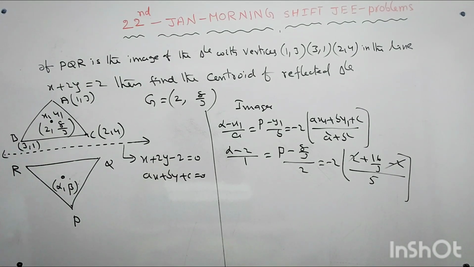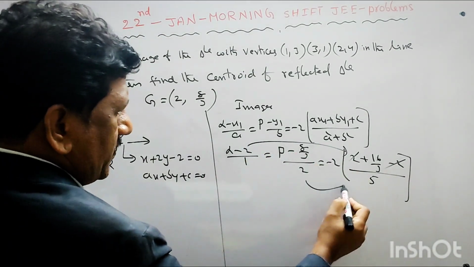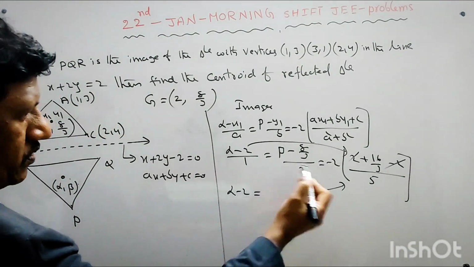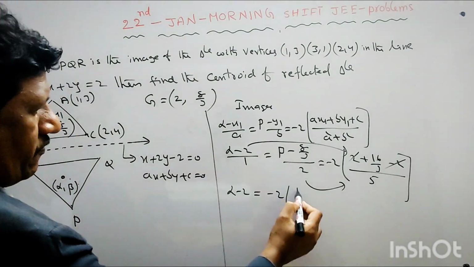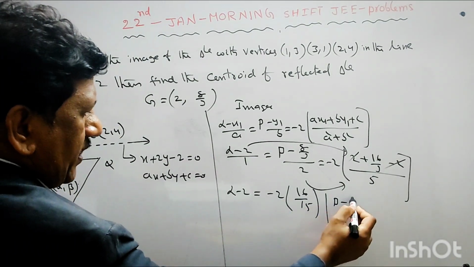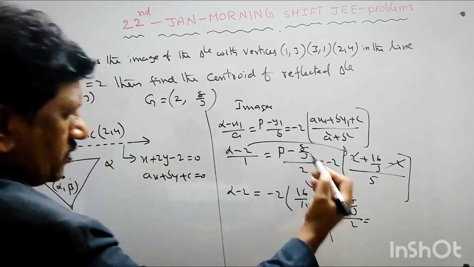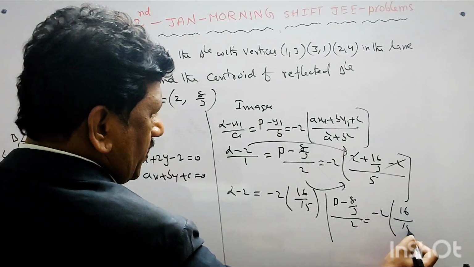Then you compare this pair with this expression, and this pair with this expression. That means alpha minus 2 is equal to minus 2 into 16 by 15. Similarly, beta minus 8 by 3, divided by 2, is equal to minus 2 into 16 by 15.